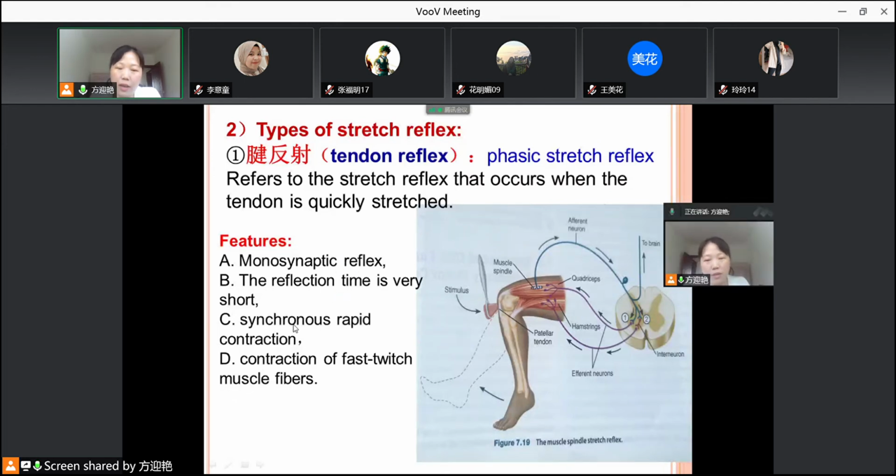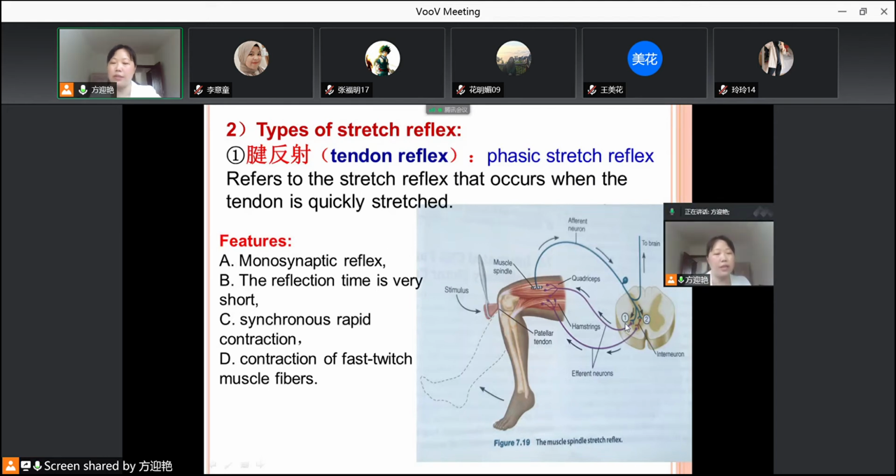There is also contraction of the faster twitch muscle fibers, and muscles include both slow and fast twitch muscle fibers. I hope you understand that it is very important that the tendon reflex is the monosynaptic reflex.